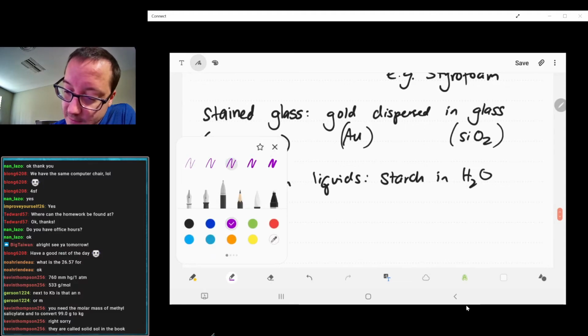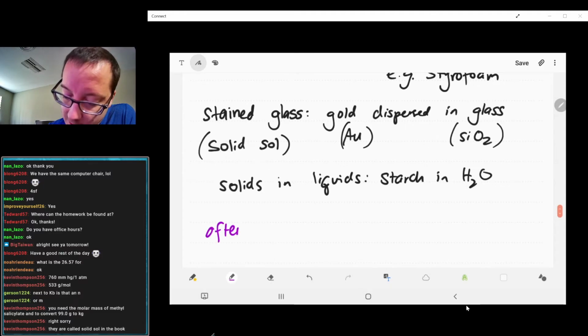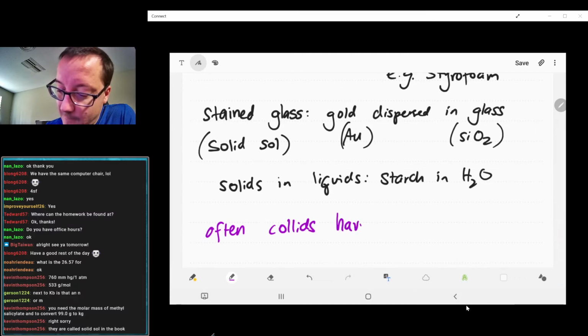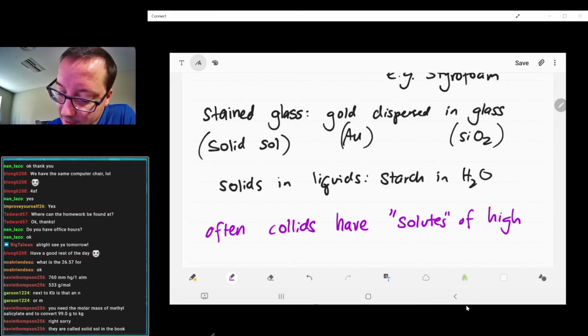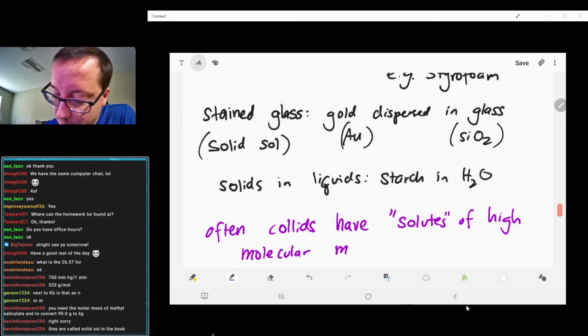Oftentimes, colloids have a high molecular mass. So your proteins and your large macromolecules or various polymers would be colloidal if you were to dissolve them.